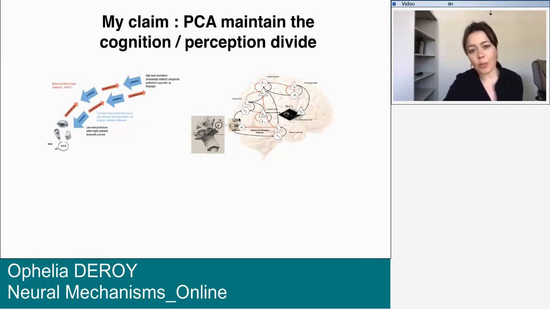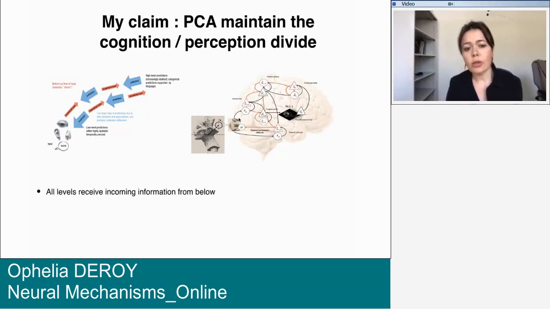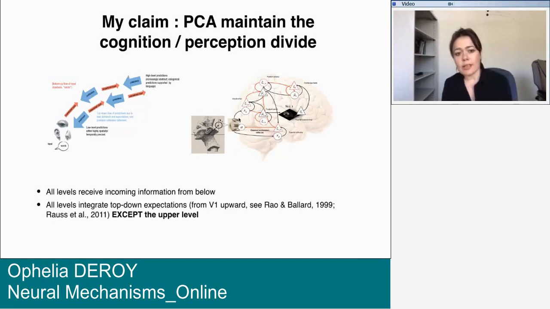Looking at the upper level, that is what occupies the role of cognition, or the highest level of the cognitive system that we can call thought, you can notice that although all levels receive information from the level below, and all the levels integrate top-down expectations right from the beginning, that very top level doesn't. And that's where I borrowed the title from.